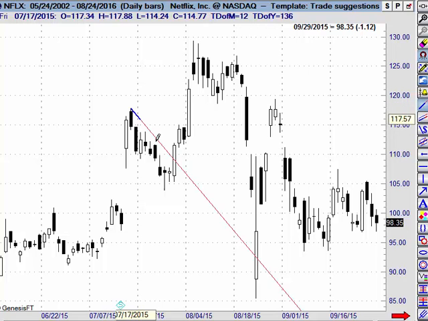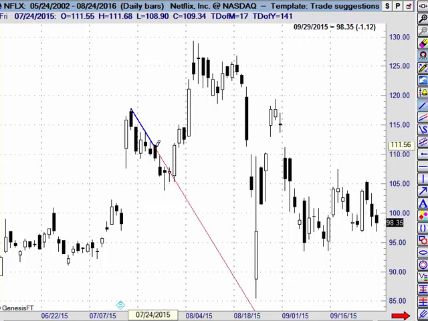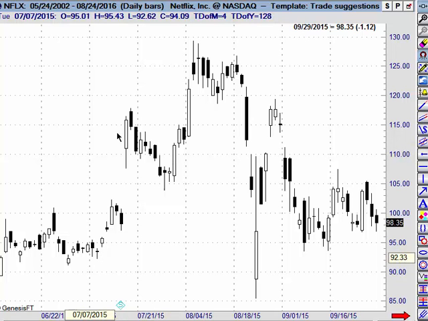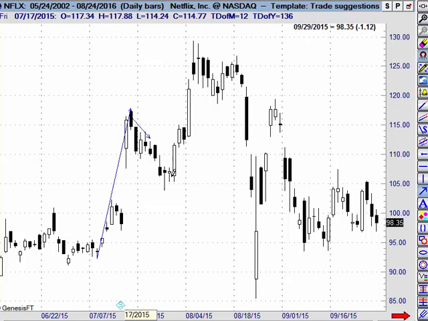For those not familiar with a flag, you have a rally. So the market, I'm going to make an arrow actually. The market moves up and then goes counter trend, moves down, in a kind of parallel way. See, it's like a bear channel here.